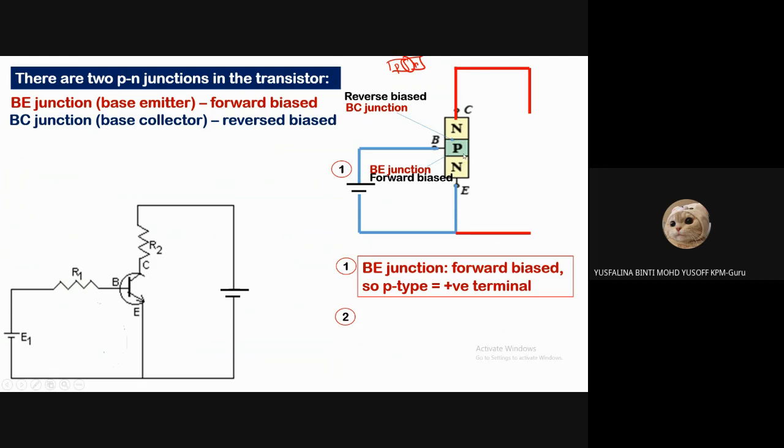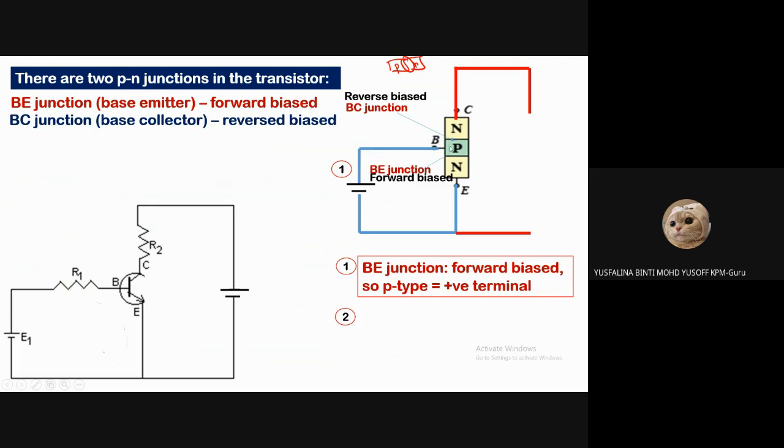Okay, so let's see the first part. At the BE junction, the emitter and the base, this is the emitter. The emitter is made from N type, and the base is made from P type. So from here, positive goes to positive.